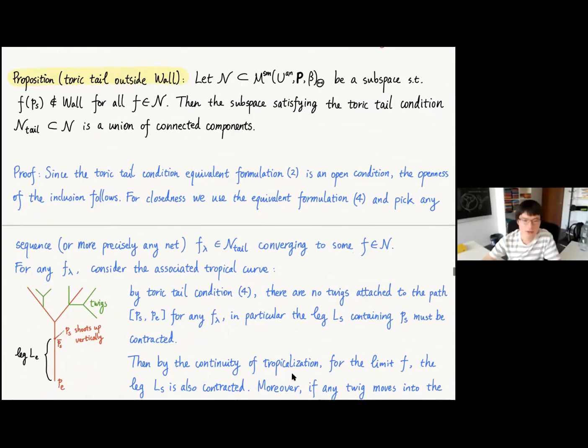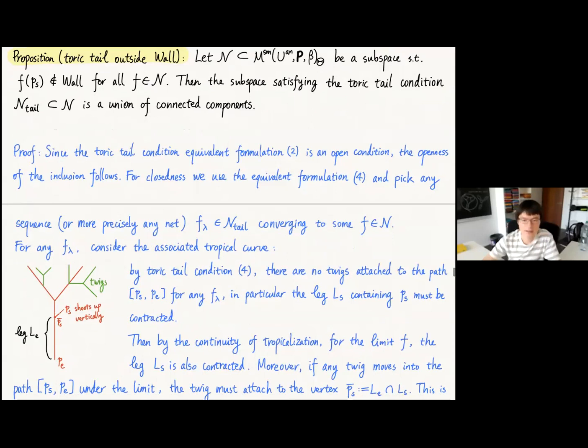Then, by the continuity of tropicalization, for the limit f, the leg LS must also be contracted. And moreover, if any twig moves into this path connecting PS and PE under the limit, then the twig must attach to the vertex PS bar, which is the intersection of the leg LE and the leg LS.